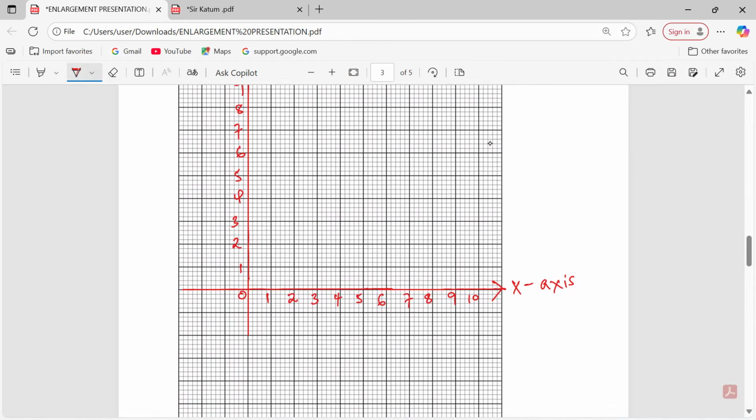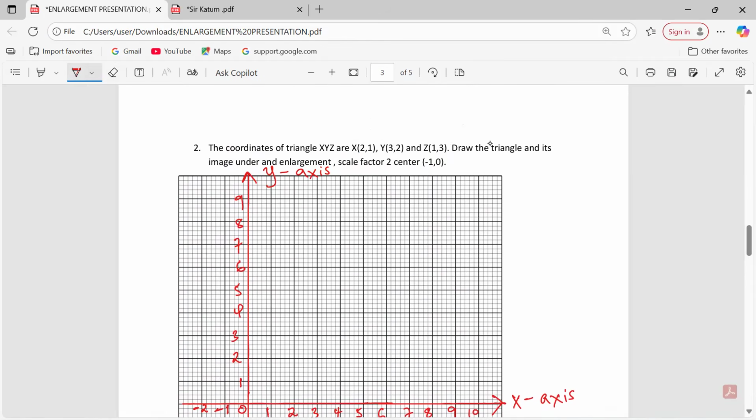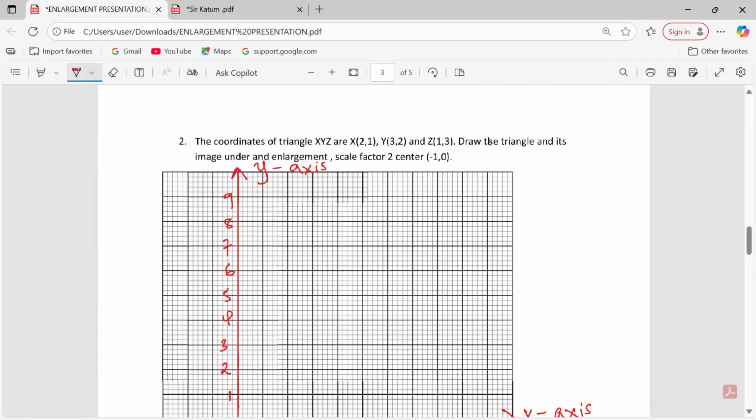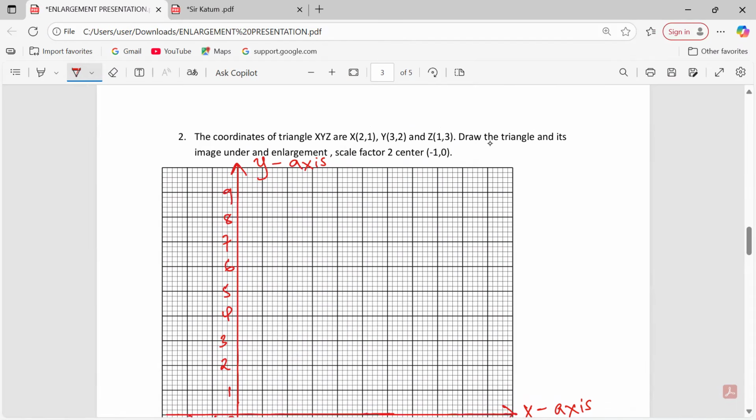Then now on this other side, we can talk of negative 1, negative 2, like that. Now we start the business of plotting, first of all, the triangle. Then we will proceed to plot its image on the same Cartesian plane.